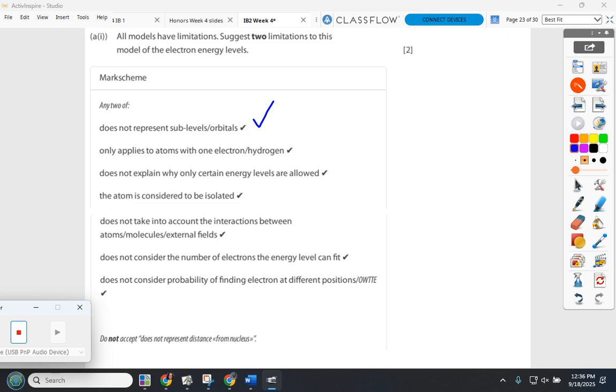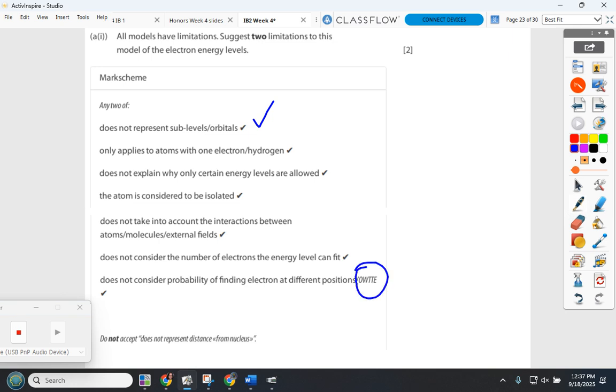And it is a good model of how to think about it, but it doesn't exactly work that way. But they don't want that to be the issue. They want this whole model of having energy levels. That's kind of what they're looking for, rather than whether or not it specifically represents a particular distance from the nucleus. I don't know why they won't accept that, but they might accept other things. You'll notice that there's this.